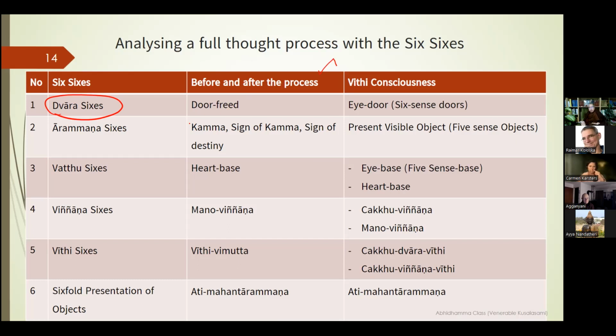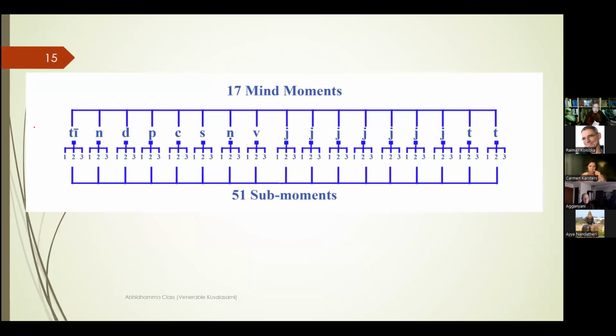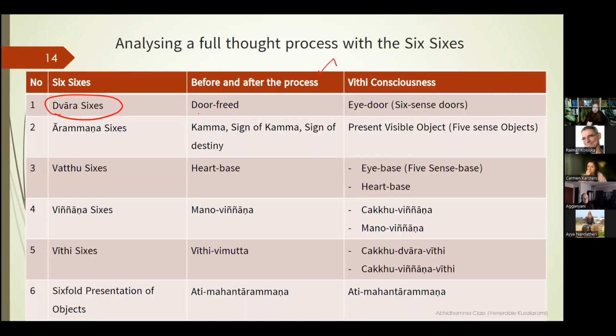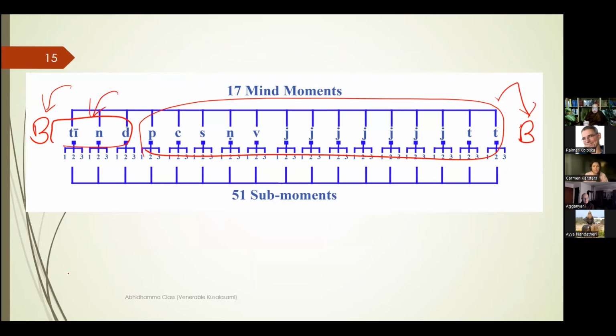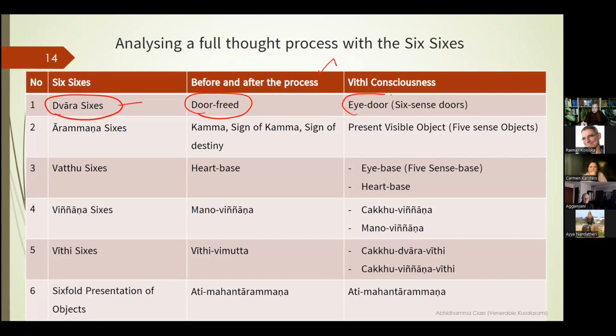Before and after the process, what do we call it? Door-free. Here Bhavanga, and after the thought process as well, Bhavanga. Before and after the thought process is called door-free, because it is not in the door sixes. In the middle, from here, is the Vithi, and the rest are called door-based, with the six doors.